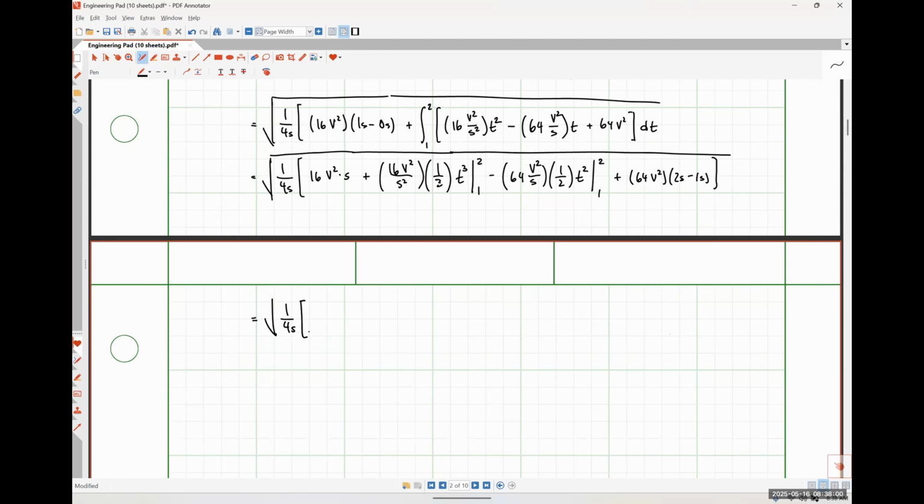1 over 4 seconds times 16 volts squared seconds. Let me just make this easier on myself. 16 thirds volts squared per second squared. And then that's going to be 8 seconds cubed minus 1 second cubed, right? Because 2 cubed is 8.